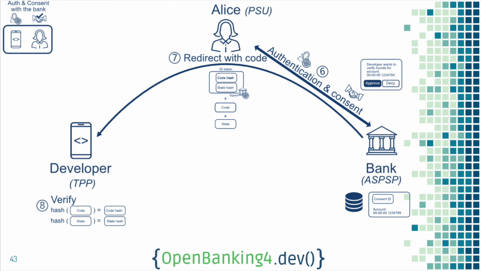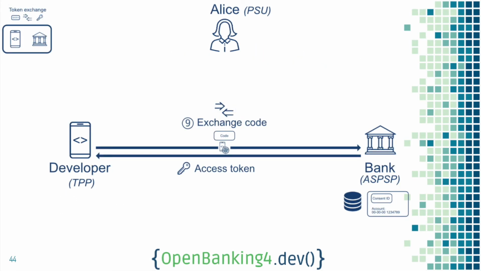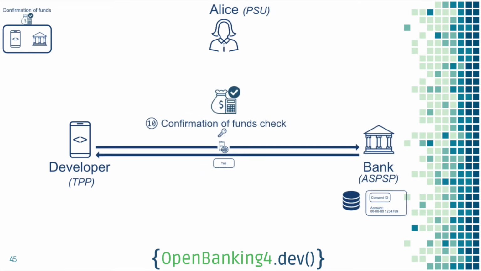You then get a code, and you exchange the code for an access token. With that, you just need to do a call. It's super easy.